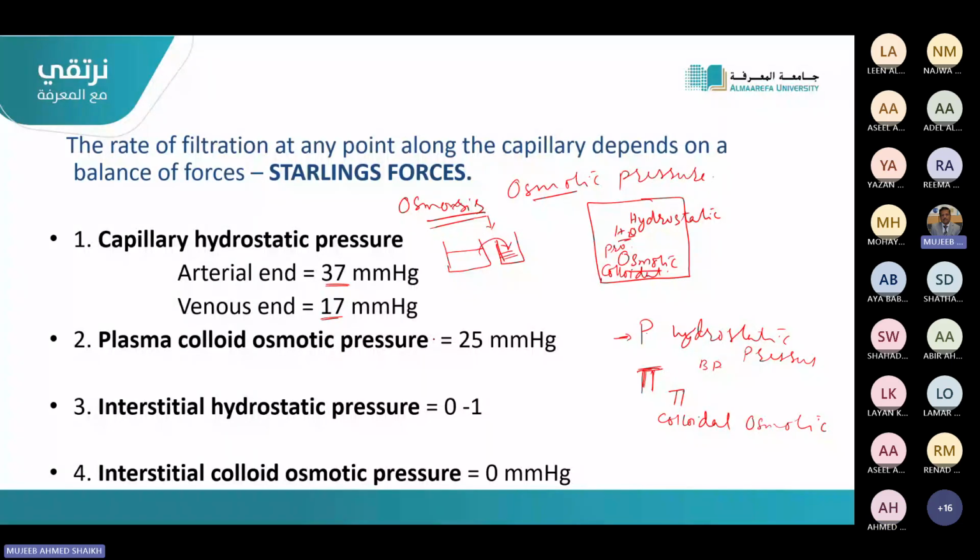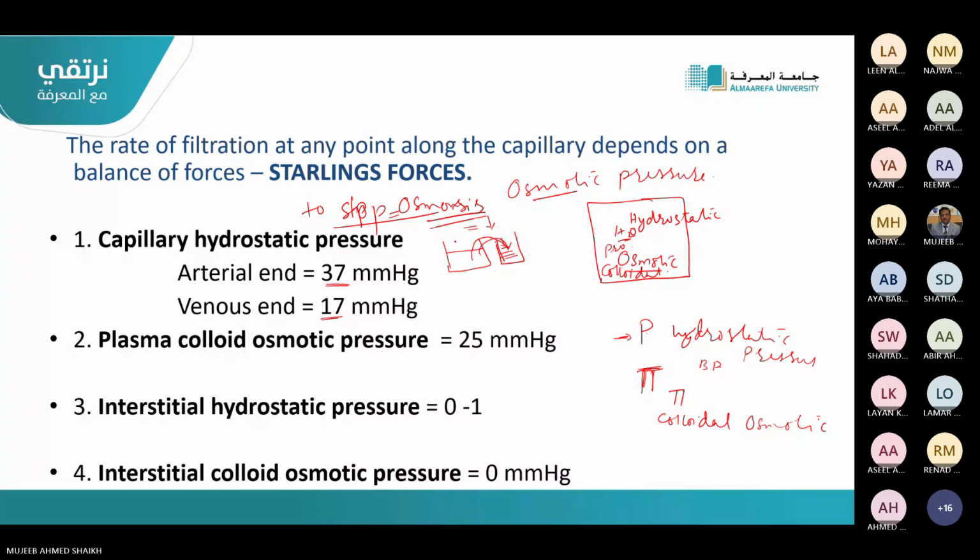No, wrong. Doctor, is it the pressure needed to stop the flow? Exactly, 100%. The pressure required to stop osmosis. Very correct. If you want the water not to move from high to low concentration, you apply some pressure. This pressure is known as osmotic pressure.